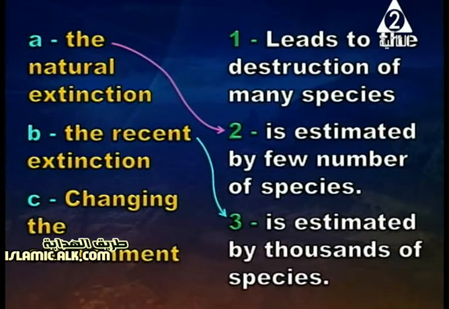So it got many of these species and killed them. Changing the environment, the one here which is left, leads to the destruction of many species. Now my dear students, let's go to the next question.